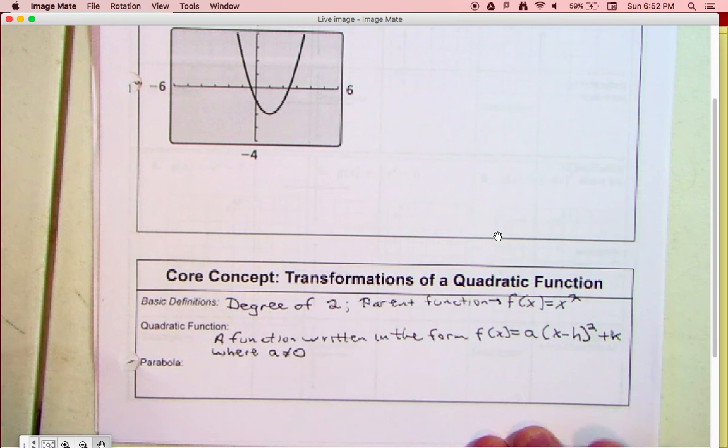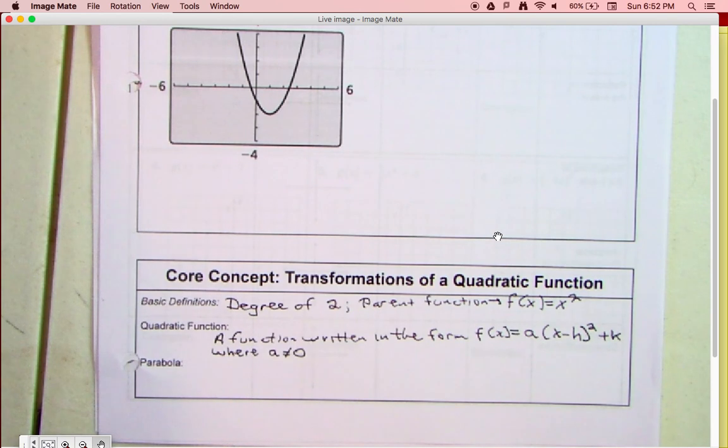We're going to do a lot of things with this. We're going to use this form to find what's called the vertex of a parabola, the minimum values, the maximum values, all kinds of fun stuff. But that's going to be our basic form that you're going to deal with.